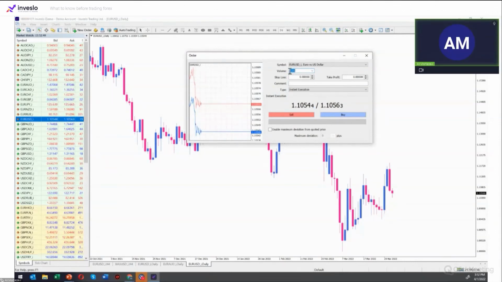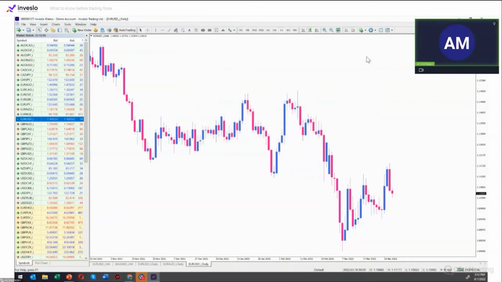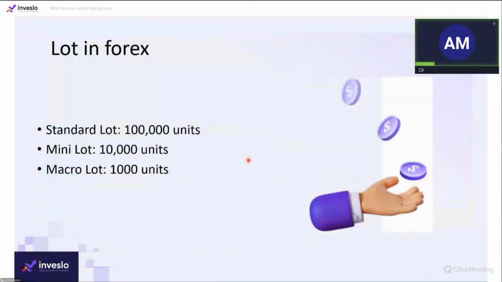For example, here, when I choose 0.01, it means I'm going to buy or sell 1,000 euros against the USD. So this is the concept of lots in Forex, and by being familiar with it you can calculate the amount of money you're putting in each trade.